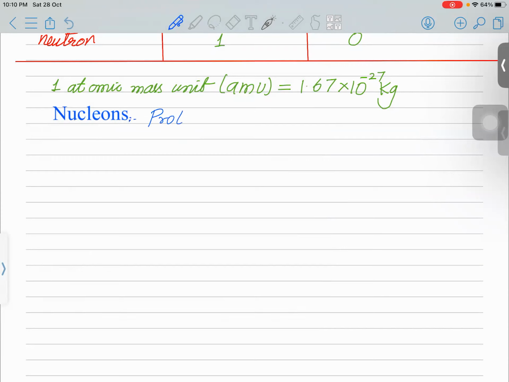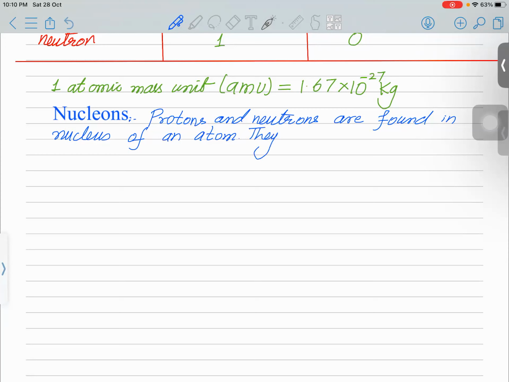So nucleon means the number of protons and neutrons found in the nucleus of an atom. They are collectively known as nucleon.